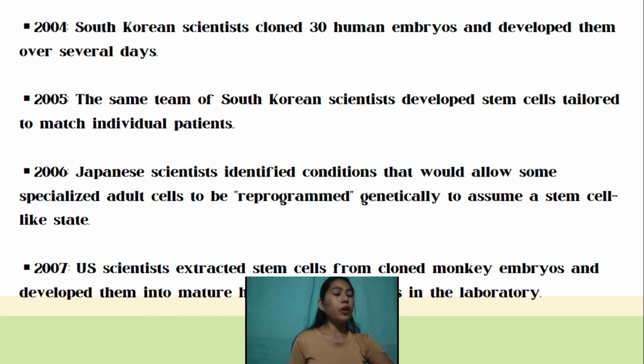So this achievement demonstrated the feasibility of using cloned embryonic stem cells to generate specific cell types for research and potential healing applications, advancing the field of regenerative medicine. That's the year where stem cell therapy began.